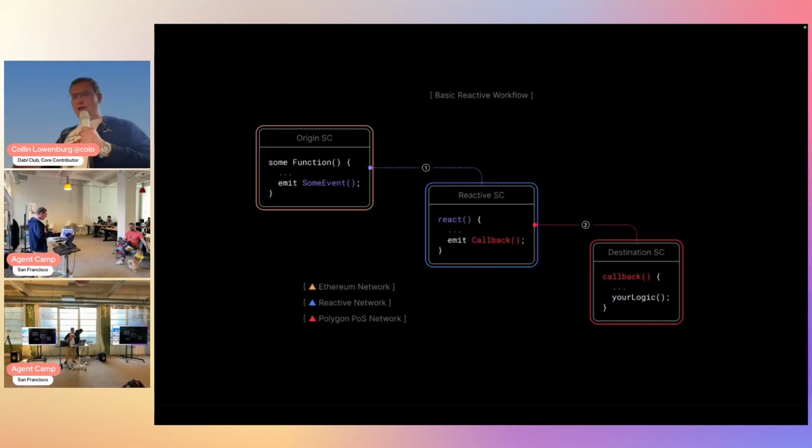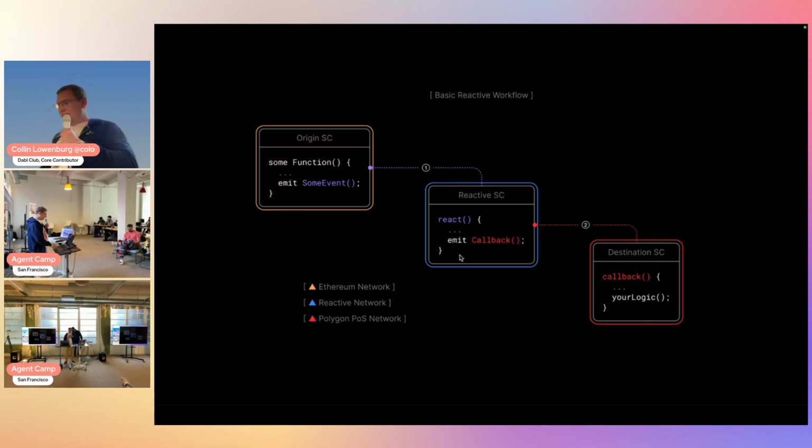In a nutshell, this is how it works, the simplified scheme. Imagine you have a smart contract that is deployed to the origin chain, and it is emitting some event, as you can see over here. Your reactive smart contract is reacting to that event and is being called when this event is emitted.